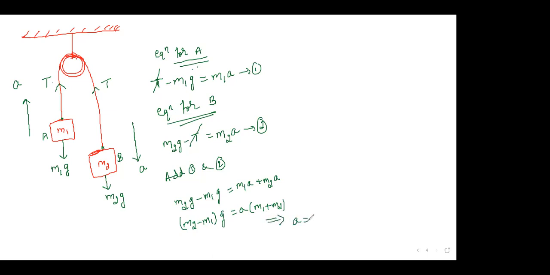Can you tell what is A for this? M2 minus M1 divided by M1 plus M2 into G. So what is the acceleration of this system, students? M2 minus M1 divided by M1 plus M2 into G. This is the acceleration of the system.